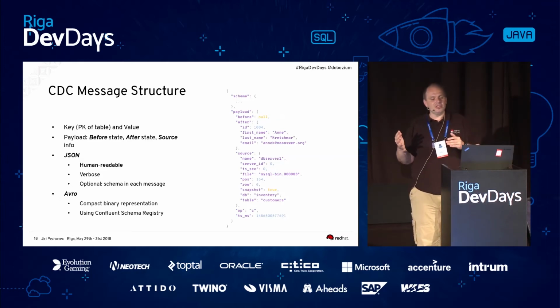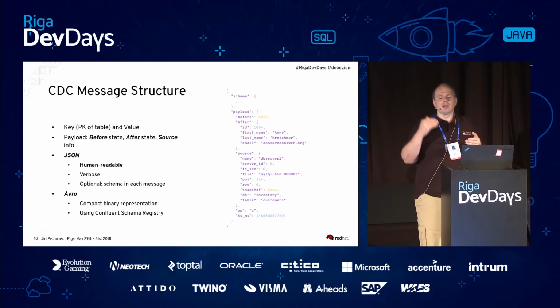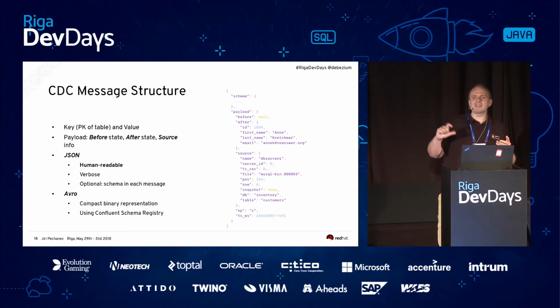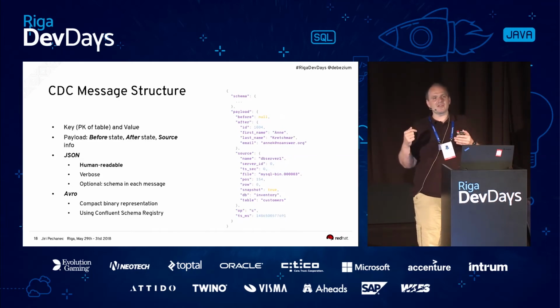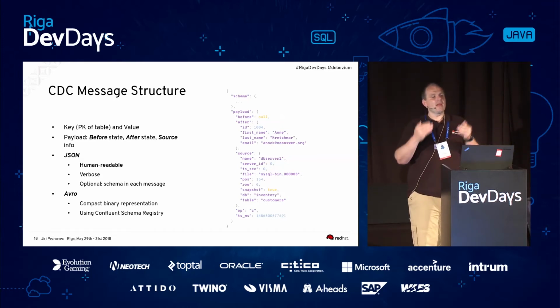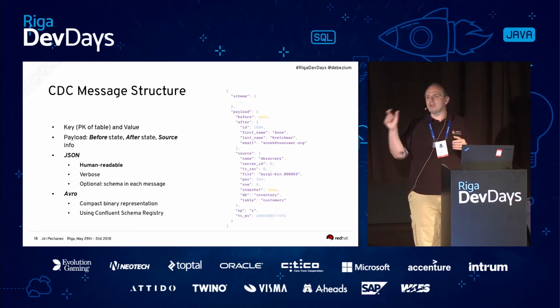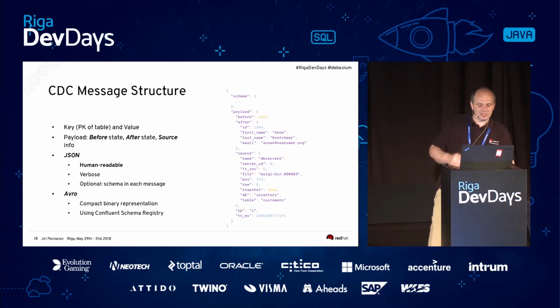The disadvantage in this case, or small disadvantage, is that to use this approach, you need to deploy also the Confluent schema registry that serves as a storage for the schema, and every Avro message created by Debezium contains an identifier of this schema stored in the schema registry.